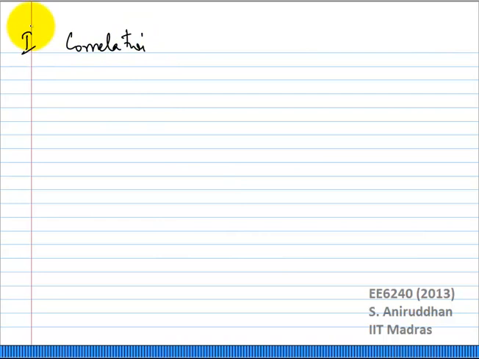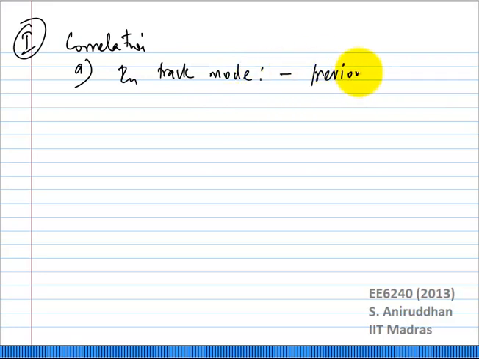If you want to find out the correlation portion, you have two parts. In the track mode, you have your previous sampled value, which is being held, and of course this takes some time to vanish.